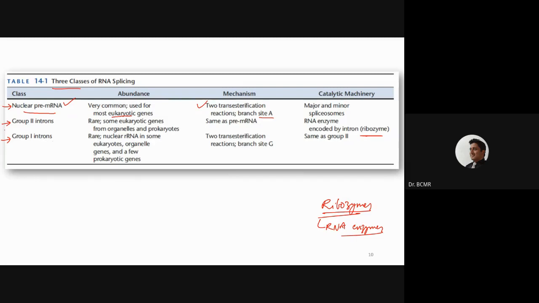And group 2 introns are very rare. They are found in some of the cell organelles of eukaryotes and some prokaryotes. Why cell organelles of eukaryotes? Because DNA is present in mitochondria and chloroplasts.